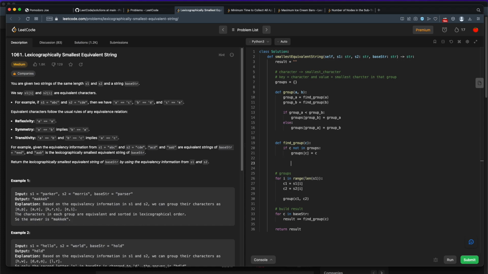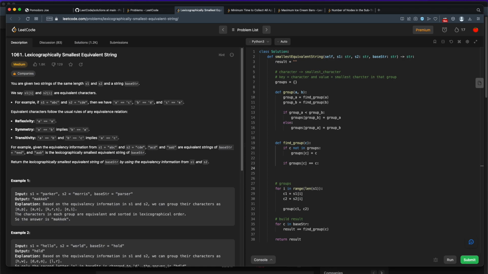All right. And what if we do have this character? So if C is in our groups, so if groups at C is just equal to our current character, that means that this is what we would call the root of the group.